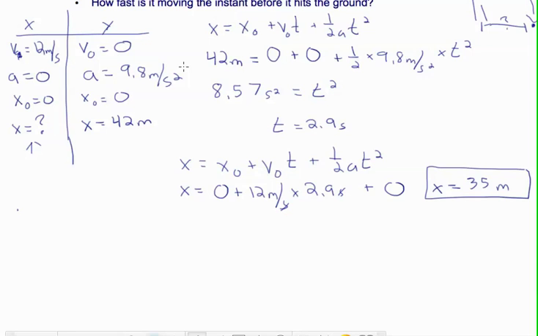So we know our final velocity in the x direction is 12 meters per second, and we need to calculate our final velocity in the y direction so that we can sum these vectors. We can use the equation v equals v naught plus at. So we get v equals 0 plus 9.8 meters per second squared times 2.9 seconds. And we get that v equals 28 if we're rounding to significant figures.